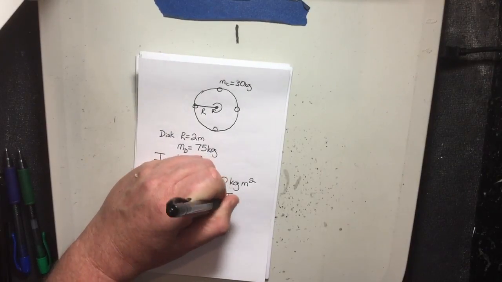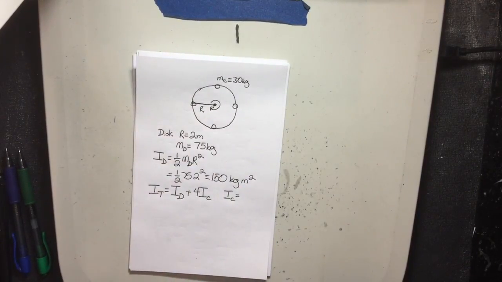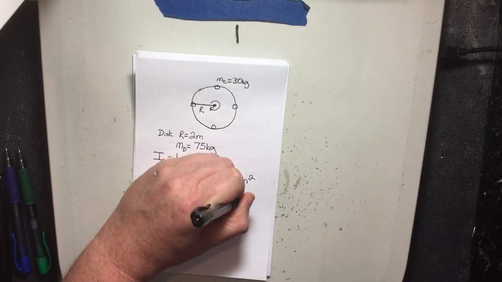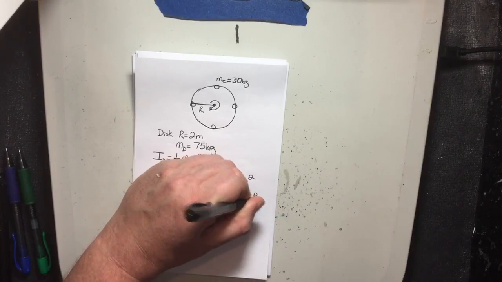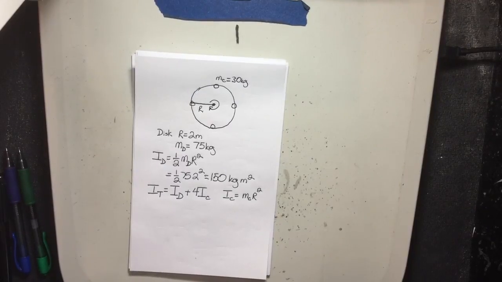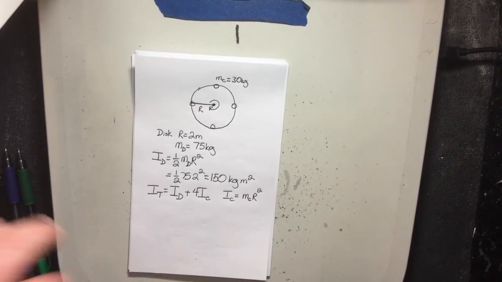The moment of inertia of a child, now granted, I'm going to treat the children like point particles. In physics, you can do that. The approximate shape of a cow, I just treat it as a sphere. And in physics, it's all about approximating stuff. So these point children, each moment of inertia is just the mass of the child times r squared. A point particle's moment of inertia is just mr squared.